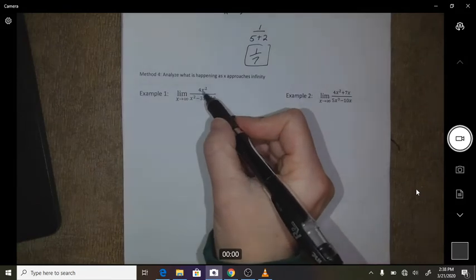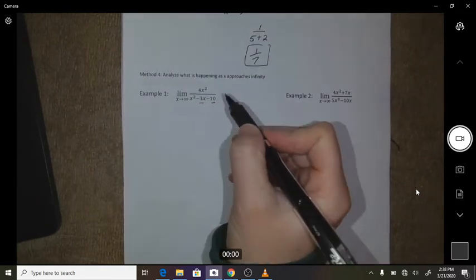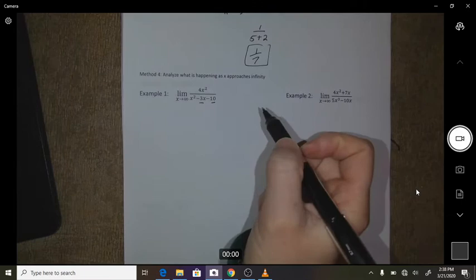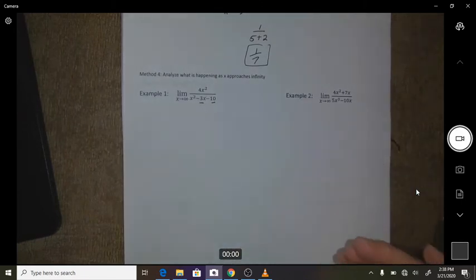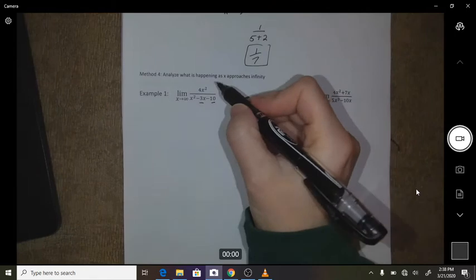As you approach infinity, these almost become irrelevant. It's like the idea of 1 billion trillion and 1. That 1 is so irrelevant because your number is so big.